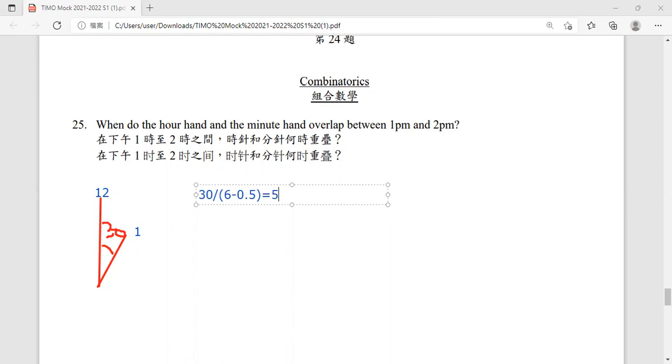So this is 5 and 5 over 11. The answer will be 1:05 and 5 over 11 p.m. Just that. Nothing special.